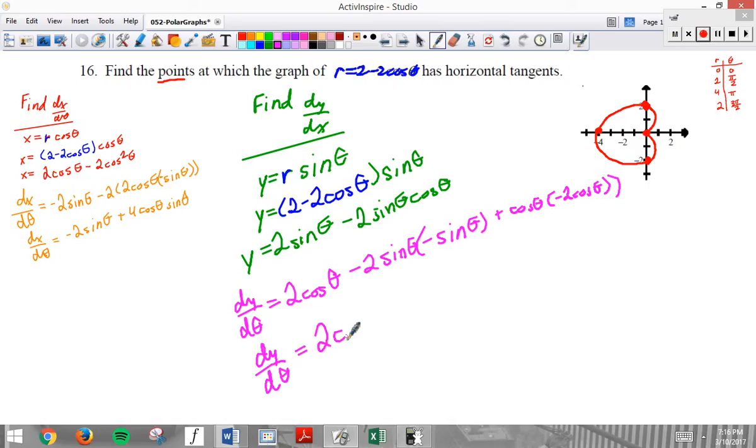Now, before you start crying your eyes out, trust me, I'm already crying on the inside. 2 cosine squared theta. Again, don't get excited. Sine squared, cosine squared, they have to be adding. These don't even have the same numbers in front. Should they? Yes, they should.